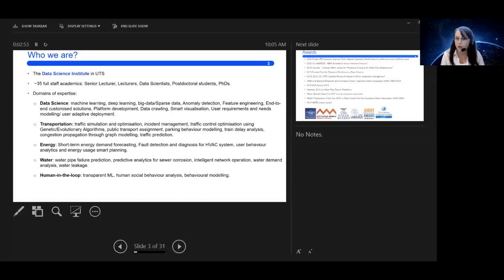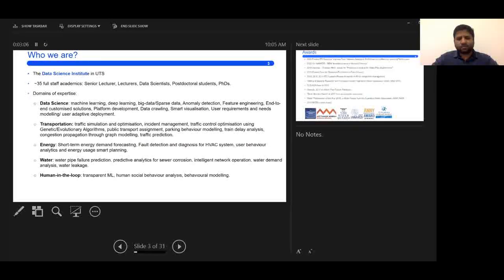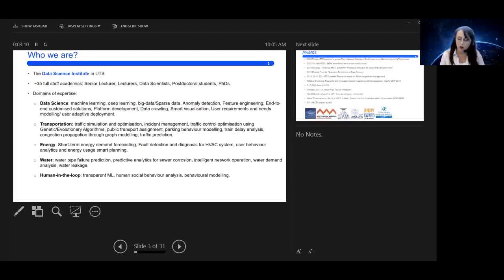But there are also other people who apply data analytics, for example, for solving energy problems. Whenever you think about, for example, short-term energy demand forecasting or fault detection, this can be easily applied to energy. There is a large group working in water research, anything related to water pipe failure prediction, and predictive analytics for sewer corrosion, all that kind of stuff.